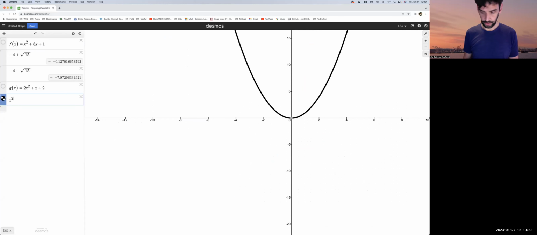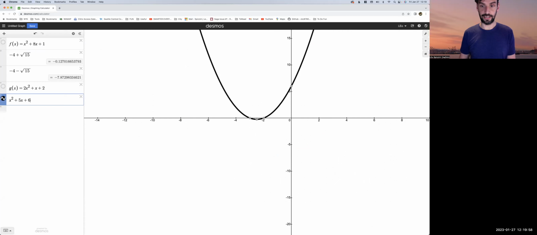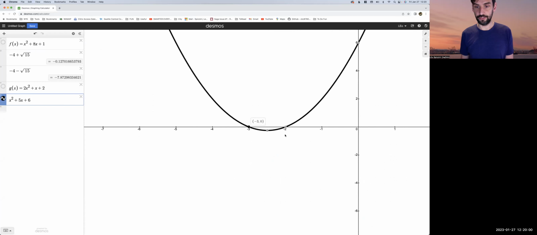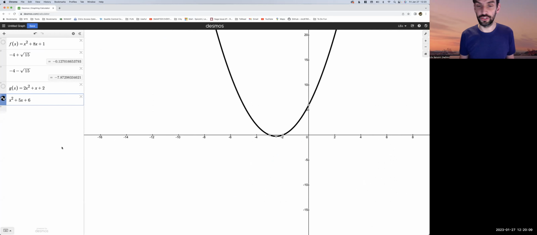That first x squared plus 5x plus 6, notice our graph intersects the x-axis in 2 different places, at -3 and at -2. Those are the 2 solutions to that thing being equal to 0.